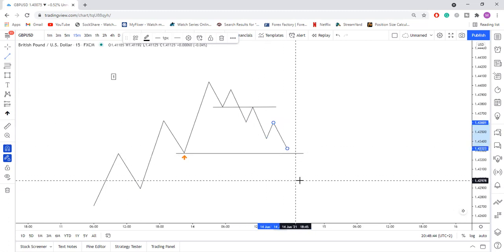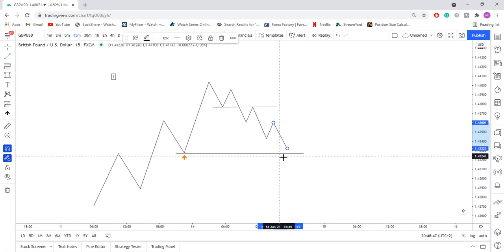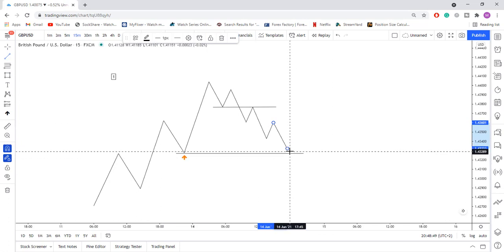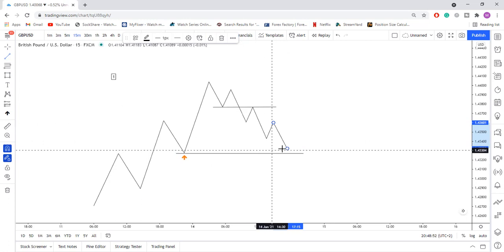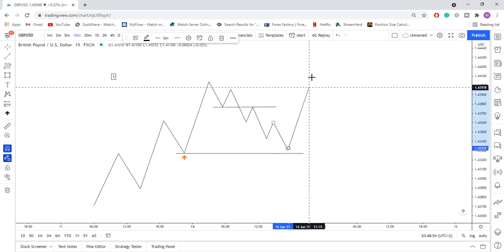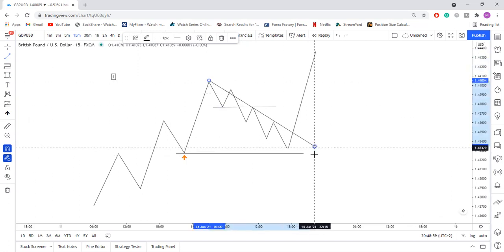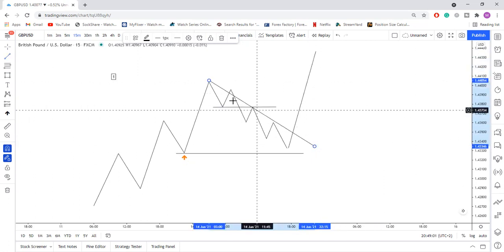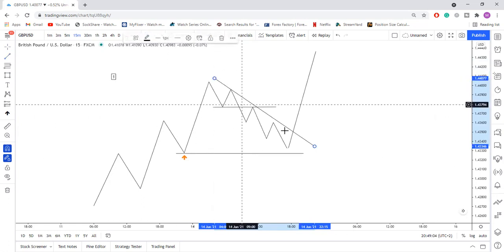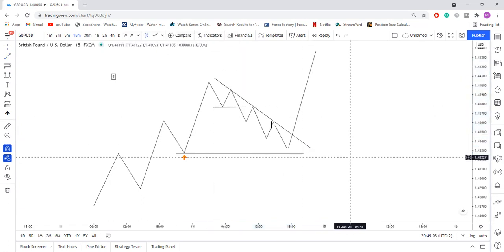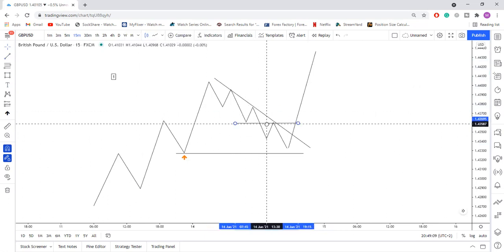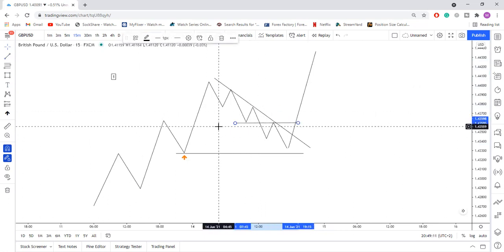Before it actually breaks this, we can either come right down to this and form a double bottom in an uptrend, or before we even reach this area, price does this, and people will start selling, saying it's a downtrend, can't you see lower highs and lower lows being formed? Things are getting taken out right here. We're getting a perfect break and retest, so let's just sell the market, sell the market, sell the market.